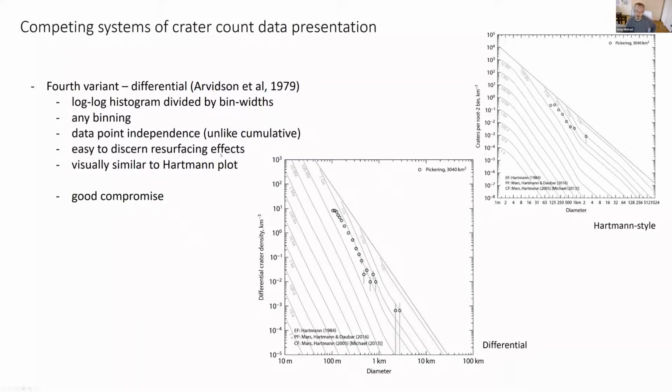So often, and especially recently, we're interested in what happens to the crater populations after they're on the surface. You can look at a surface that's several billion years old and it's accumulated a crater population, but not all the craters that ever formed on the surface are still there, because you've got other things going on.